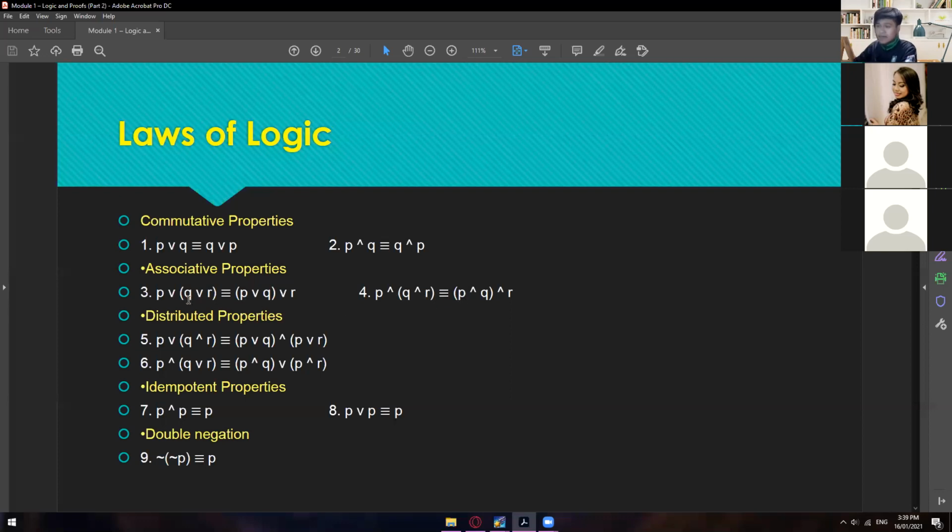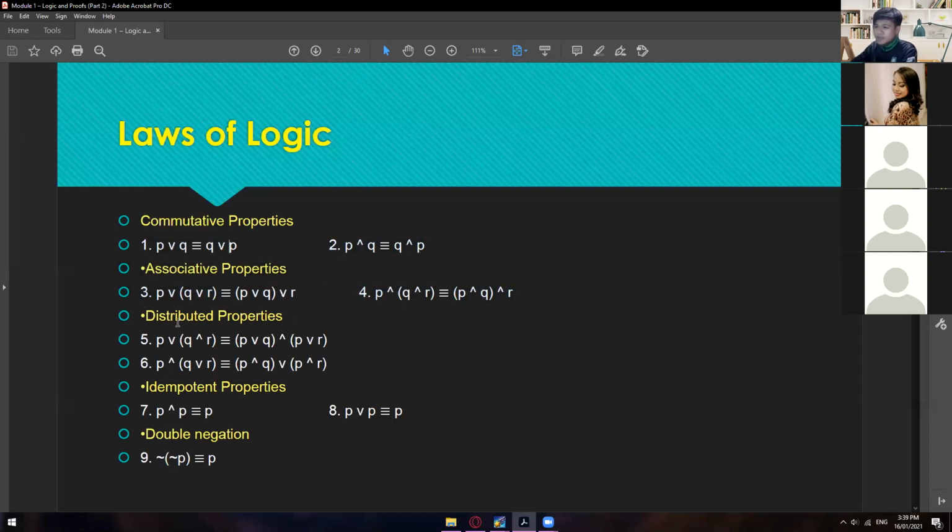Either of those arrangements is just the same. Did you guys get this so far? 1 to 4, commutative and then associative. No problem at all. Yes, sir. I don't need to explain this much more since it is super easy.